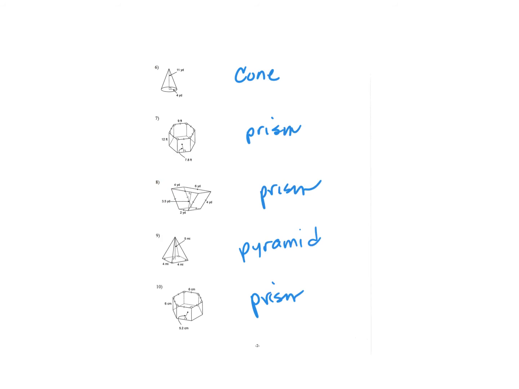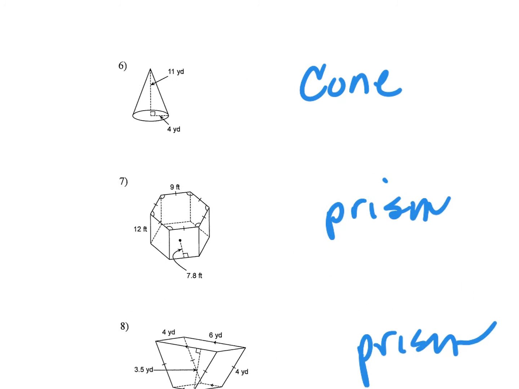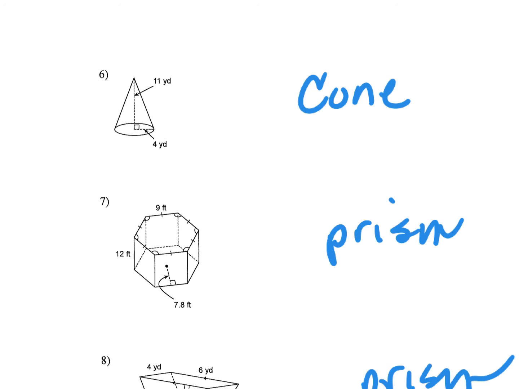So let's go back to the one. Let's go here to this cone. This cone says that the formula for the volume of a cone is 1/3 big B times H, right? And look at the base. It's a circle. So big B now is going to be pi r squared times the height of the cone.